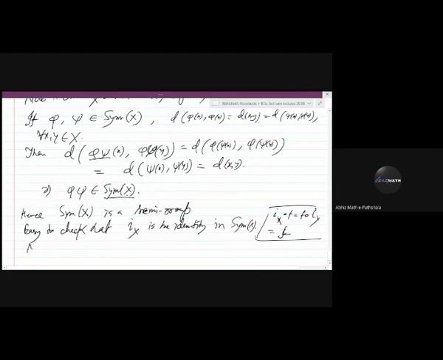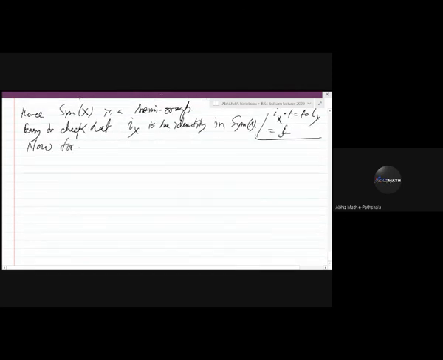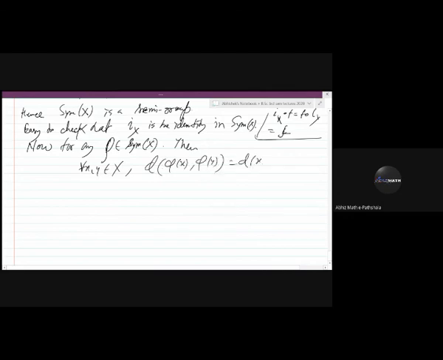Now it remains to check the existence of inverses. For any phi belonging to Sym X, for all x, y belonging to X, the distance between phi x and phi y is d of x y. Since phi is a symmetry, it must be bijective, and since it is bijective, it must have a functional inverse.